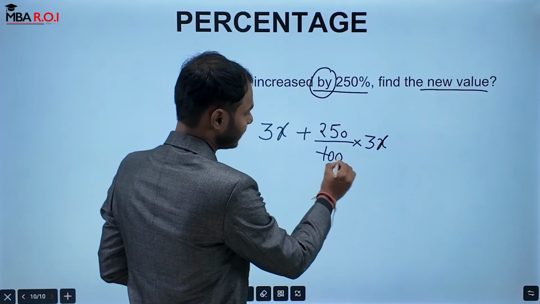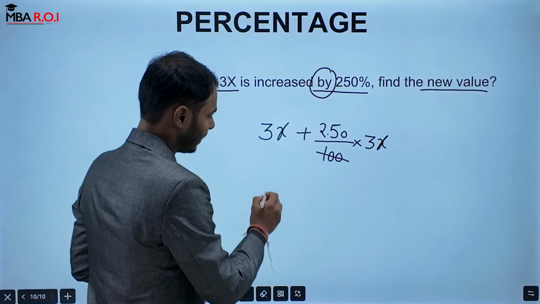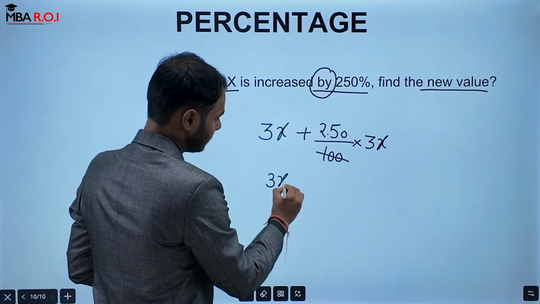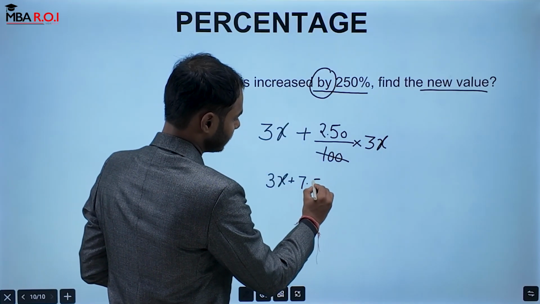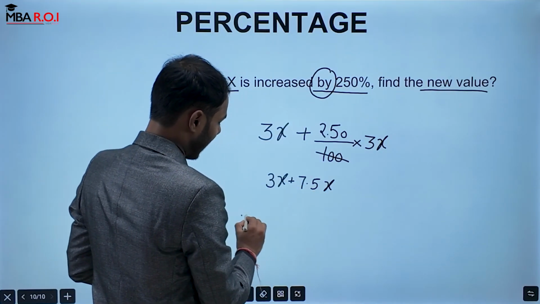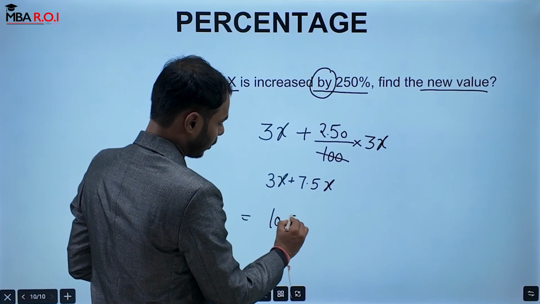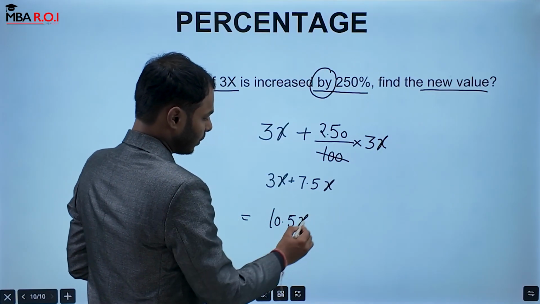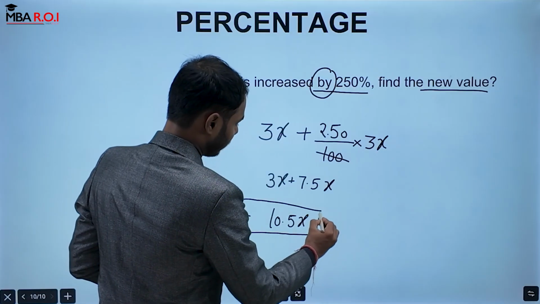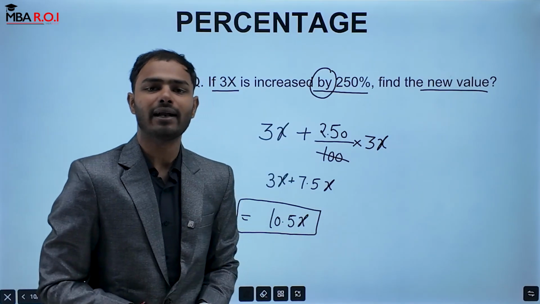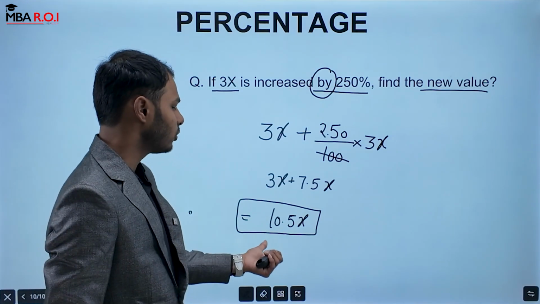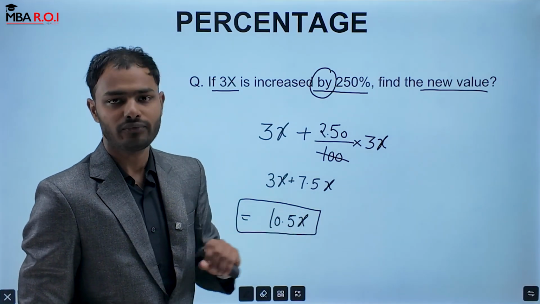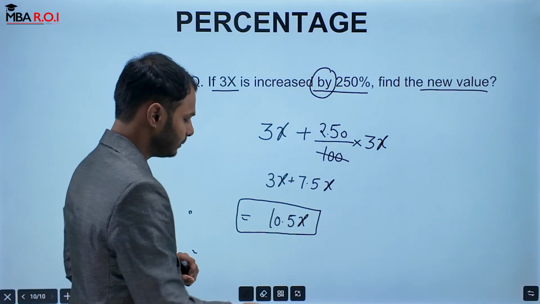Now we can simplify this. So this will become 2.5x. So this is 3x plus how much? It will be 7.5x. If you add them, the answer will be 10.5x. If you simplify your answer as well, it will also be 10.5x. If you got 21x by 2, that is also correct because that also equals 10.5x. I hope this is also clear.